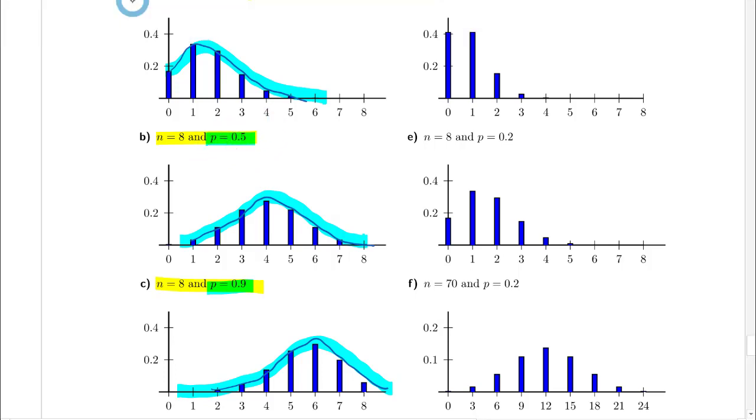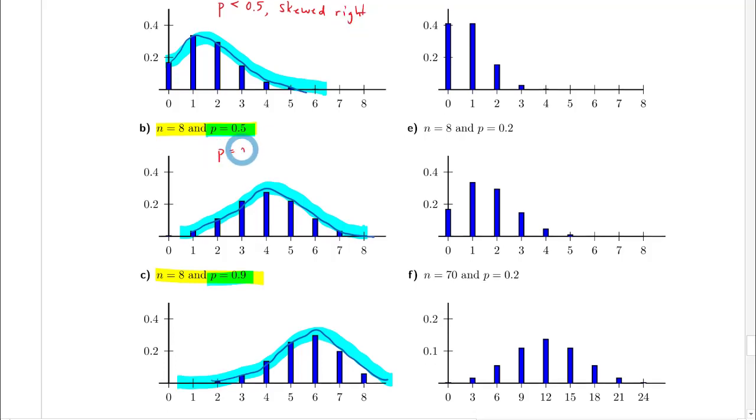When the probability is less than 0.5, we get some skewness. In fact, we get skewed right. When the probability is 50% or a half, it's normal, or we call it a bell curve. Symmetric, I think we have also called it.